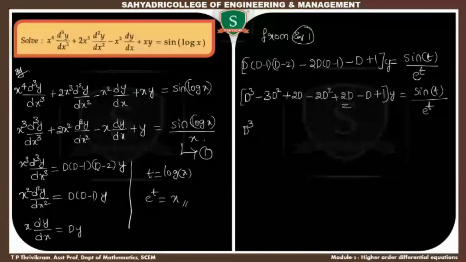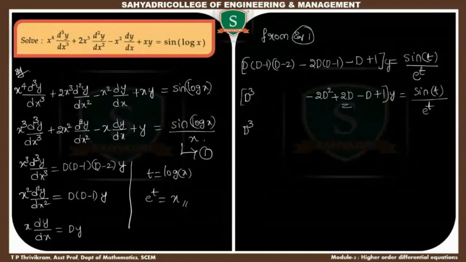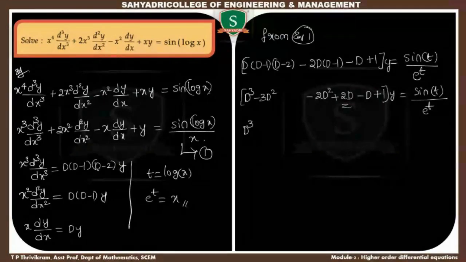First term we'll check once. D square into d, you'll get d cube. D square into minus 2, you'll get minus 2d square. D into d minus d square. So minus 3d square only you'll get.